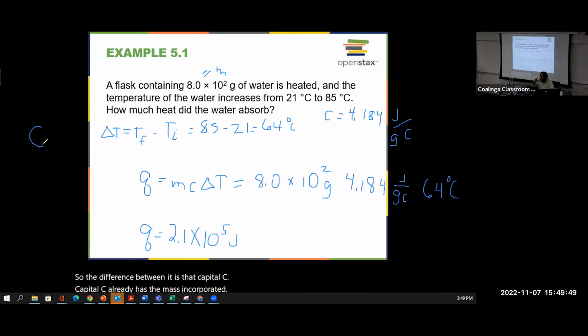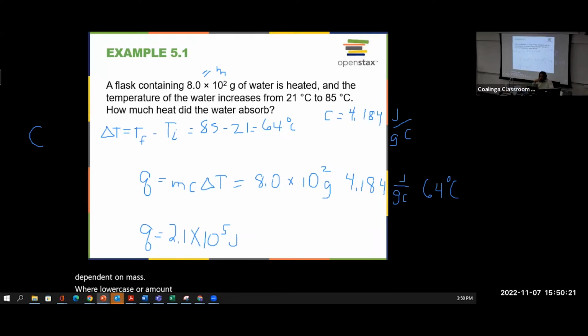Lowercase c is independent of mass. Capital C already has mass incorporated in it, so it's going to be dependent on mass, right?